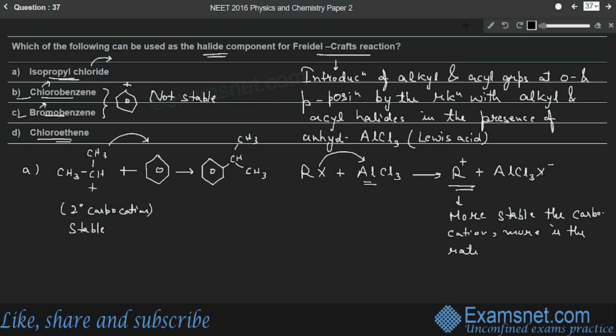We have, let's write it down here, CH double bond CH+. Again we know that a carbocation on a double bond is not stable. So all the other options except the first one will not be stable. So the only stable carbocation is the first one, so option A will be the correct answer.